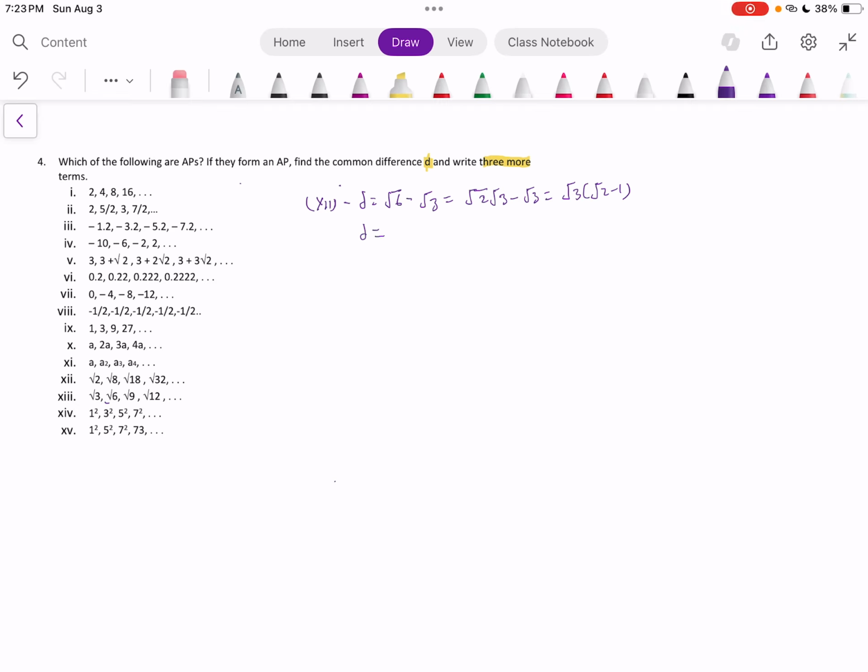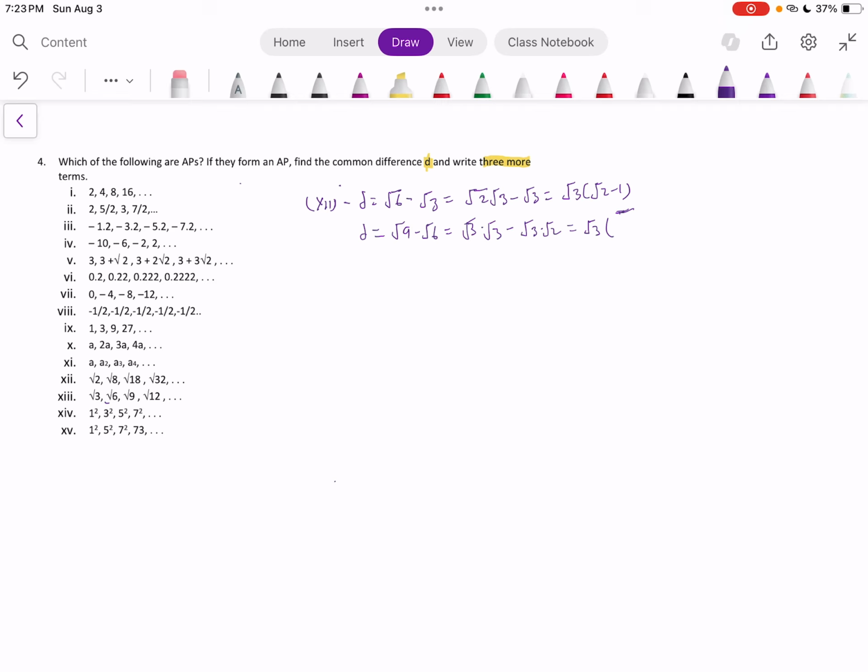D again should be, if it's an AP, the same. So square root of 9 minus square root of 6 is going to be, let's say, square root of 3 times square root of 3 minus square root of 3 times square root of 2. Square root of 3, we take it out. We just want to make it simple so that I get the same result that I have here if it's an AP.